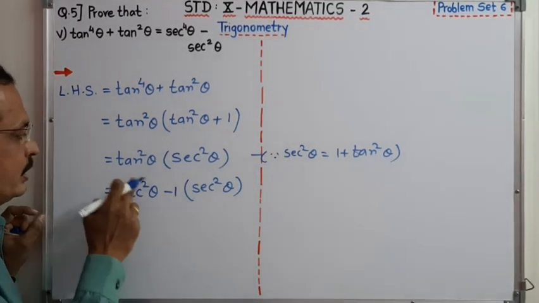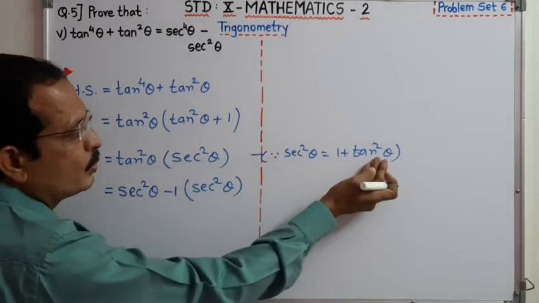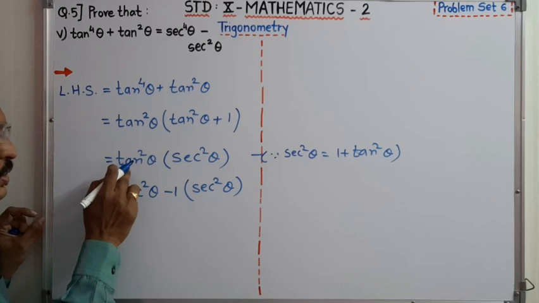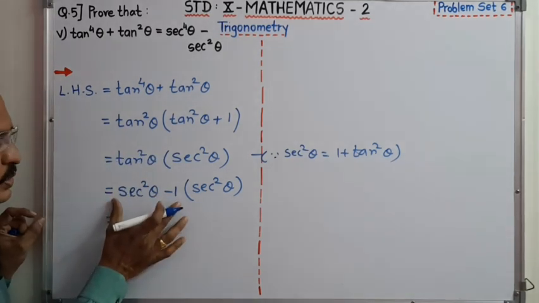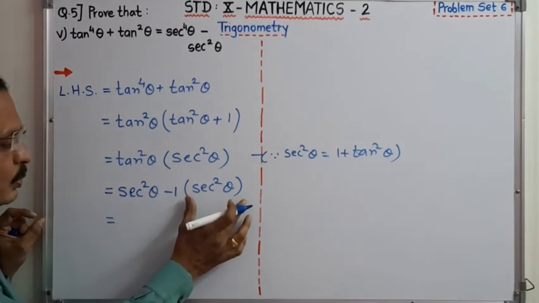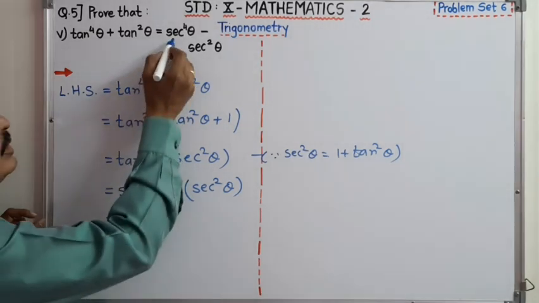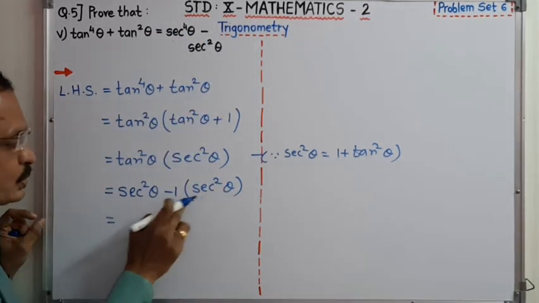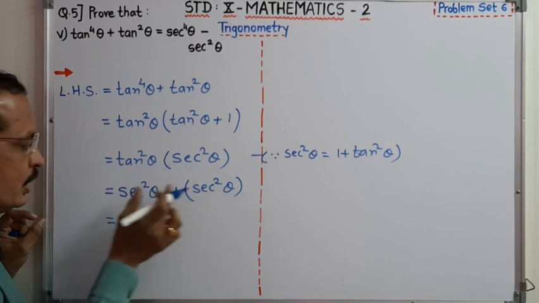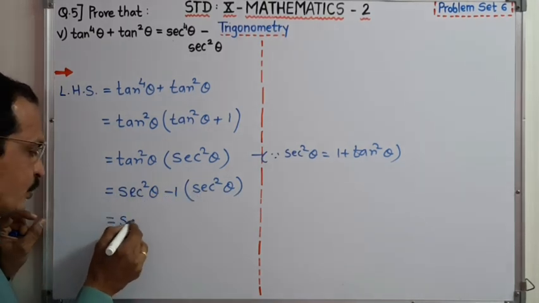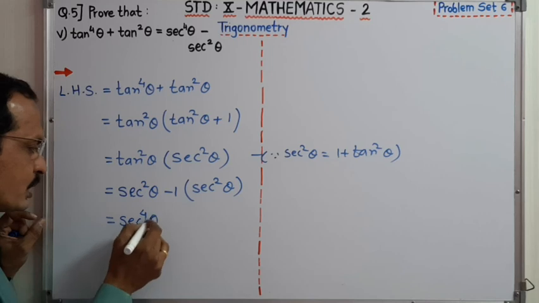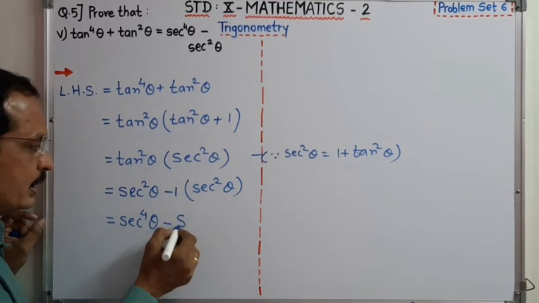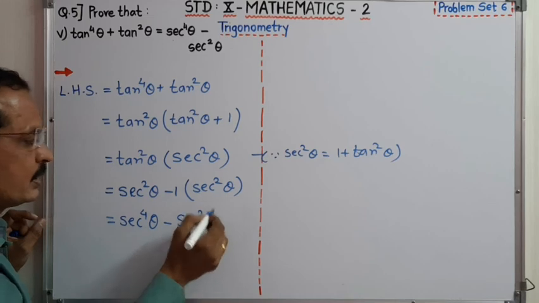And again here instead of tan square theta we can write sec square theta minus 1. Therefore instead of this tan square theta we write sec square theta minus 1. And now we require sec raised to 4 theta minus sec square theta. If we multiply these two brackets, that means sec square theta into sec square theta, it will be sec raised to 4 theta minus this sec square theta into 1, then it will be sec square theta.